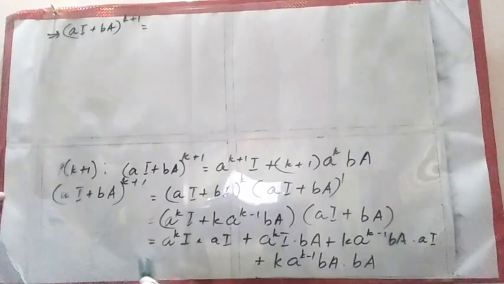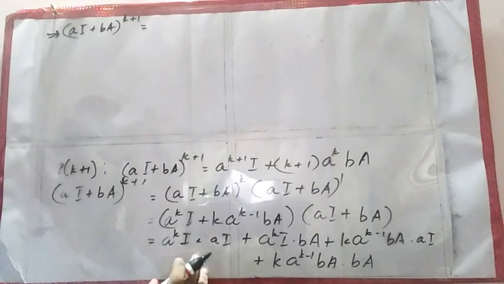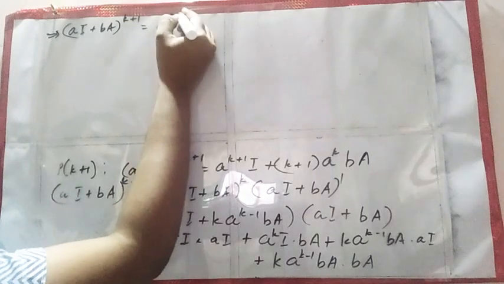So again this is equal to, we can write, consider the first term a raised to k I into A I becomes a raised to k plus 1.